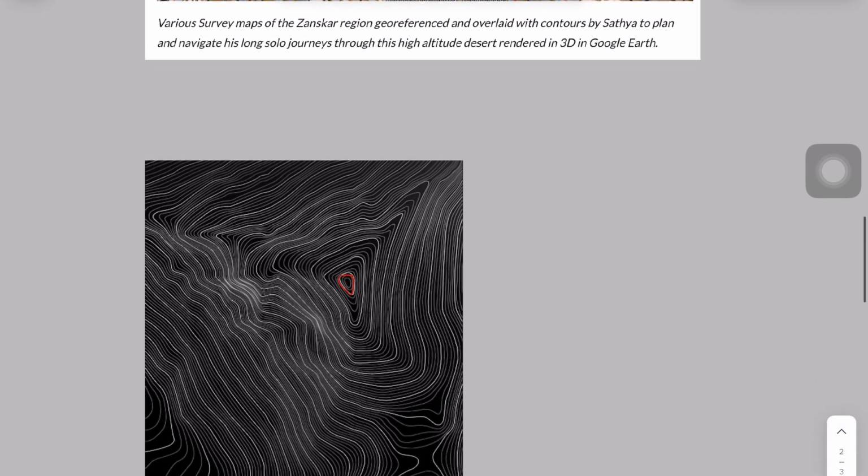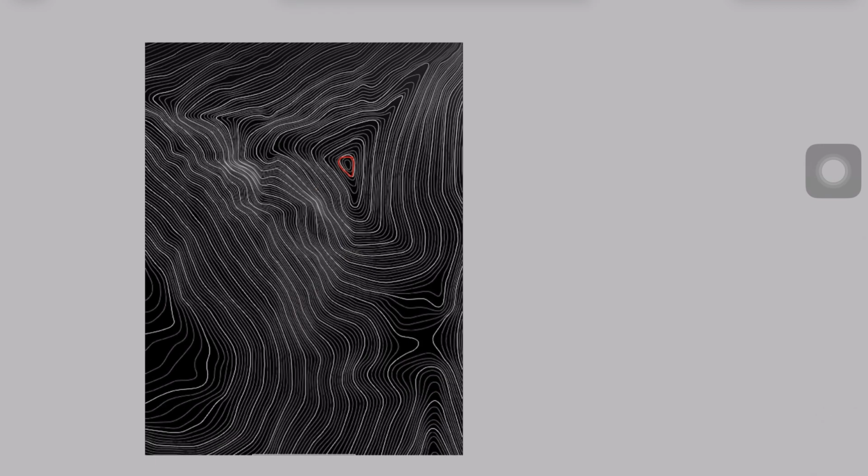Now I have mentioned here the contours of Mount Everest. This figure represents the contours on Mount Everest. Which are the contours here? So this is one contour, this is another contour, this is one more contour, right?